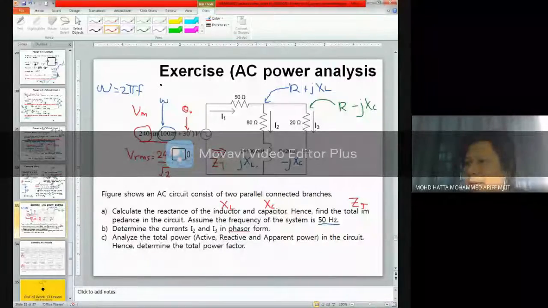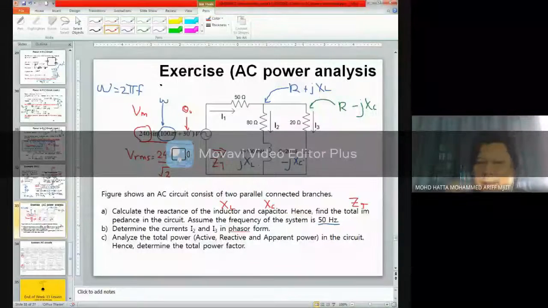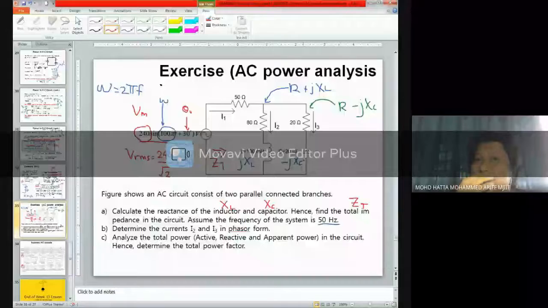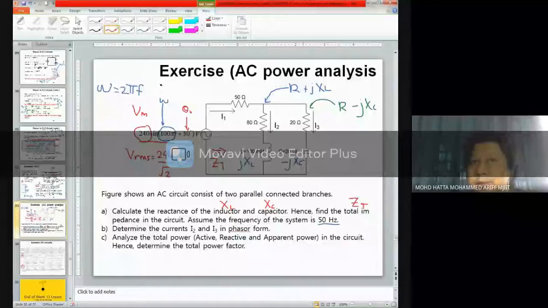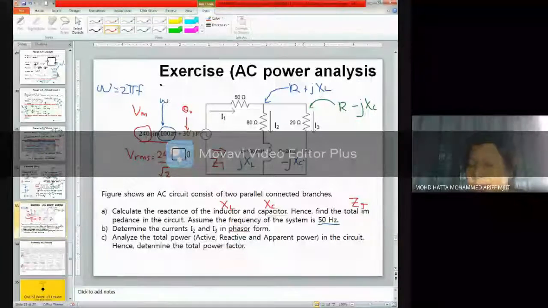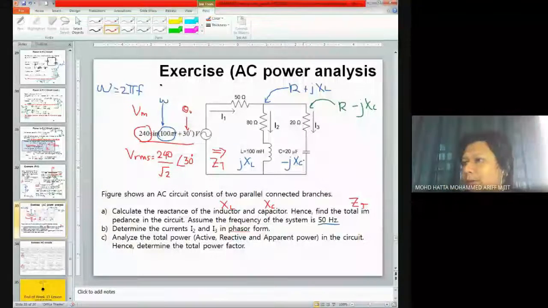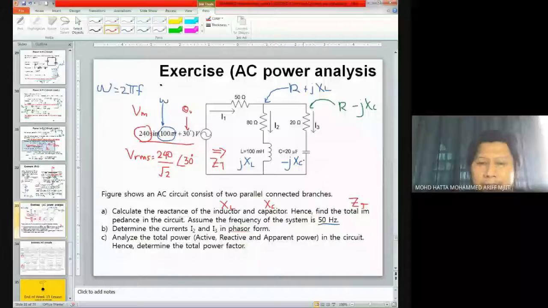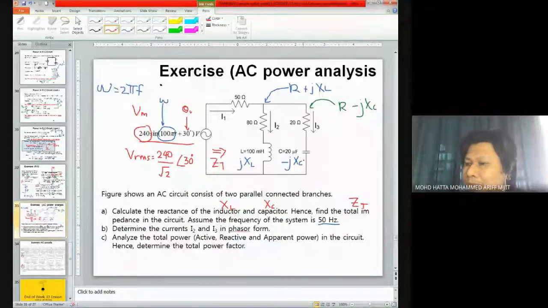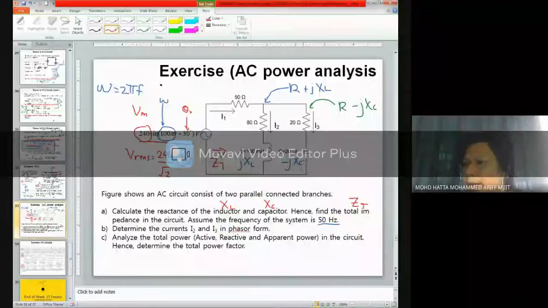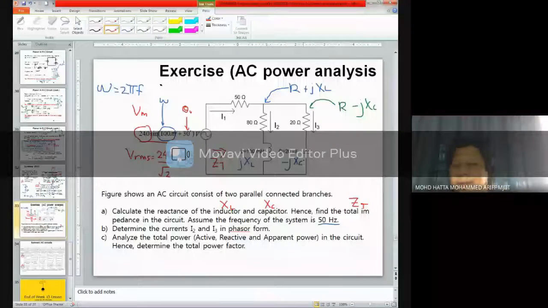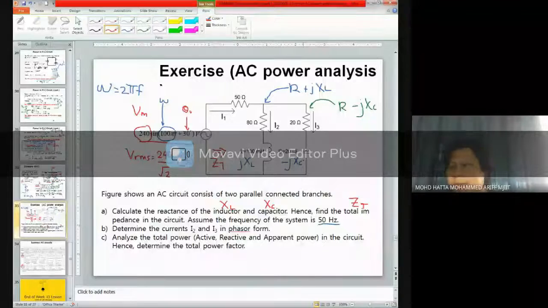To calculate I2 and I3, you may use methods like the current divider rule, or another option if you like. But I think the fastest way is by using the current divider rule, and later maybe using Kirchhoff's current law.